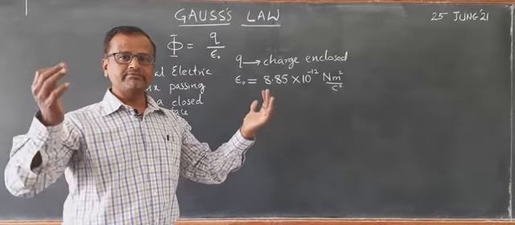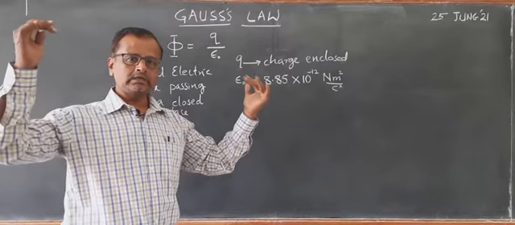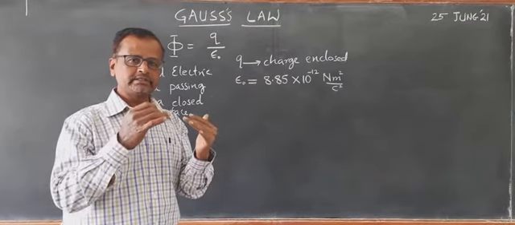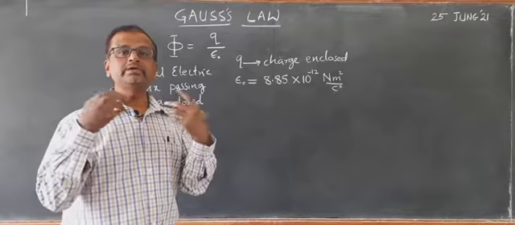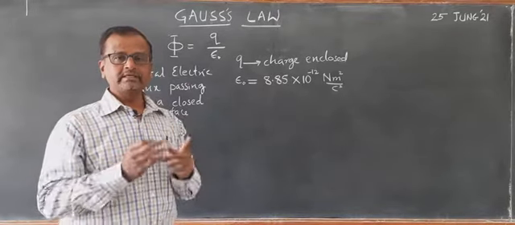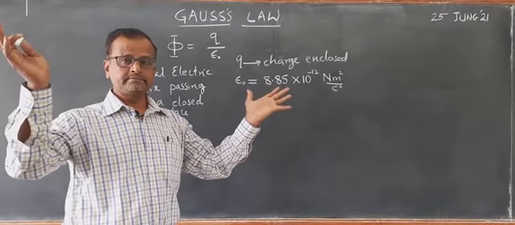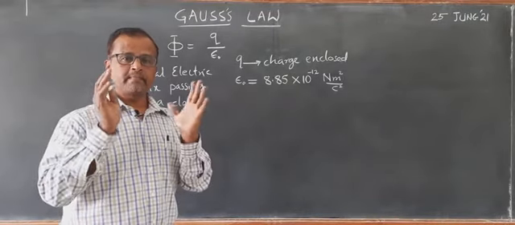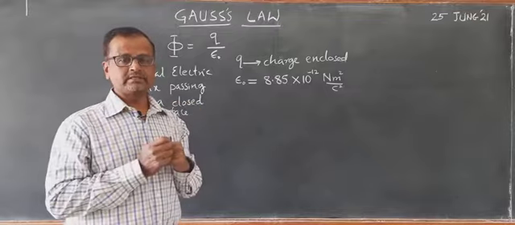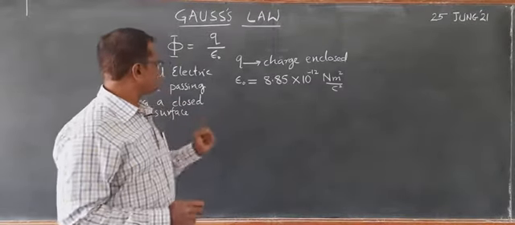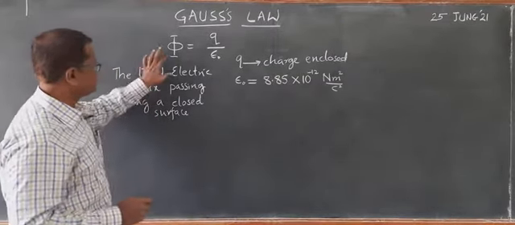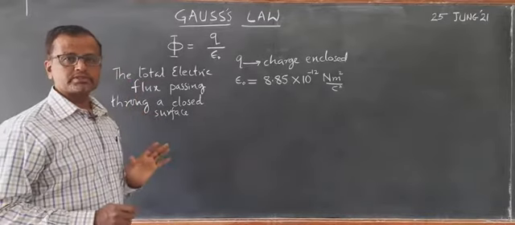If the electric field lines are totally inwards, then it is leading to negative electric flux. If the electric field lines are totally emerging outside, then it is positive flux, right?